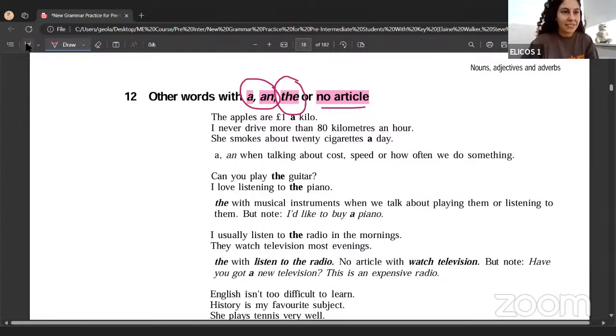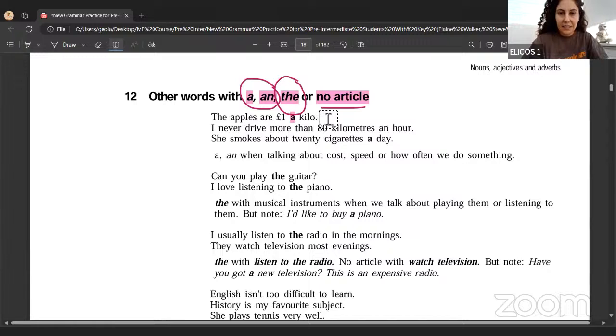Okay, so we have the apples are $1 a kilo. So I'm just going to practice by using my dollar sign. So don't worry if it's different. In Australia, we say dollars, we use dollars. So this is how it's said.